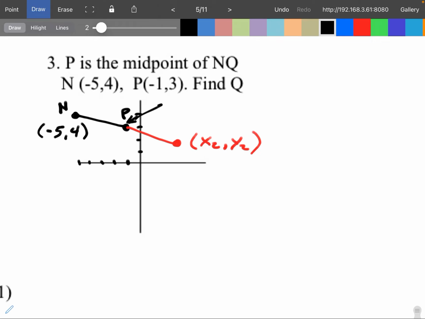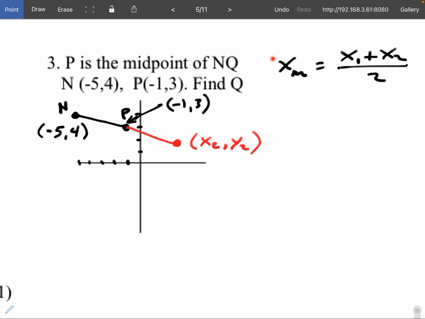So let's call this point we're trying to find x2, y2. And then this one again was negative 5, 4. And the point P there, that was at negative 1, 3.